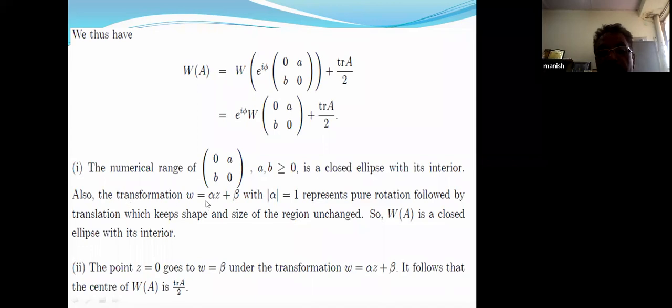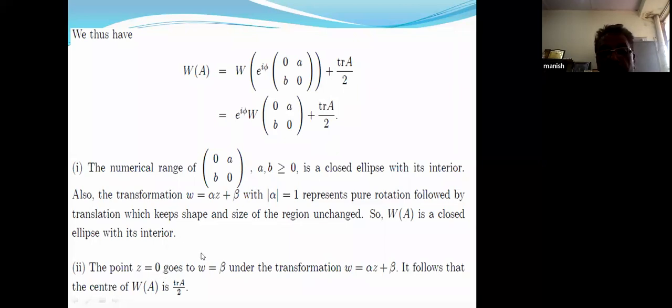Now this transformation w = αz + β with |α| = 1 corresponds to pure rotation and translation. So the numerical range of [0 a; b 0] is rotated. That is, the ellipse, which was the numerical range of this matrix, was rotated and translated by this factor. So it remains an ellipse with its interior.